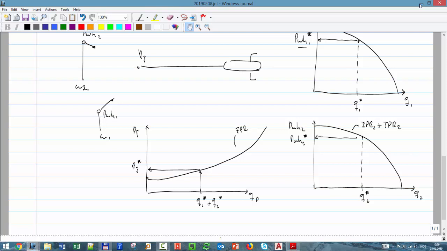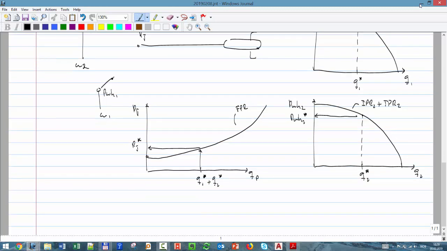Okay? So how do I know if those rates are feasible or not? If I can produce those rates? Q1 star is feasible, that means you're able to produce that rate, only if PWH1 is greater than P junction star, right? You have to have a pressure drop across the choke, it cannot be a pressure increase.